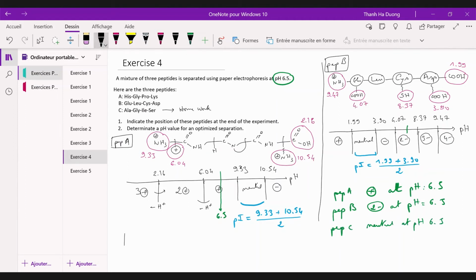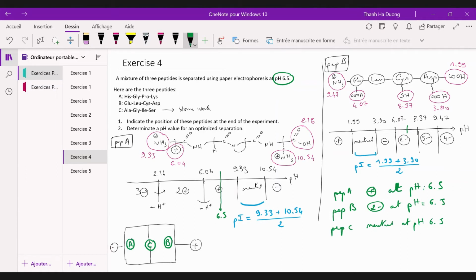So you will have your paper of electrophoresis, minus. You will deposit the mixture of your 3 peptides in the middle. So C will stay in the middle because it's neutral. Peptide B will be here, and peptide A will be here.